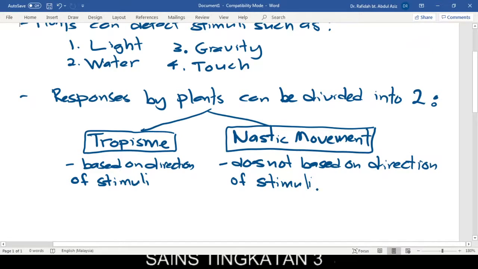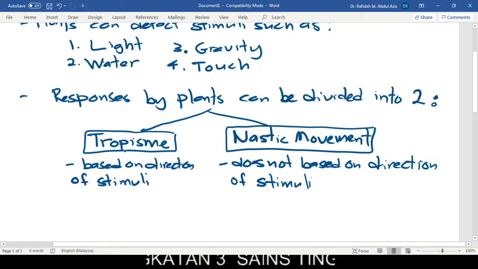Any responses by plant in Nastic movement will not be based on the direction of that stimuli. They have their own movement and will not refer to the direction of that stimuli. So that is the difference between responses of tropism and responses of Nastic movement. You have to remember these two types of responses by plant.